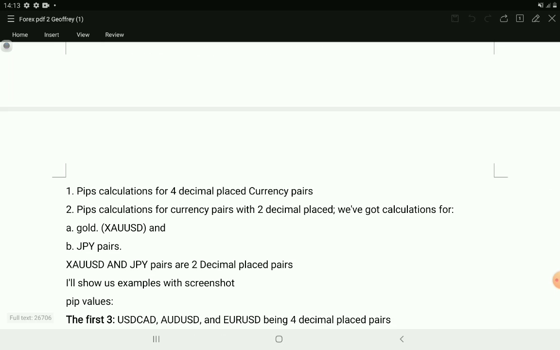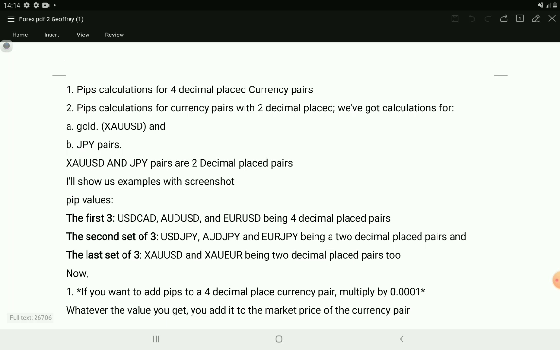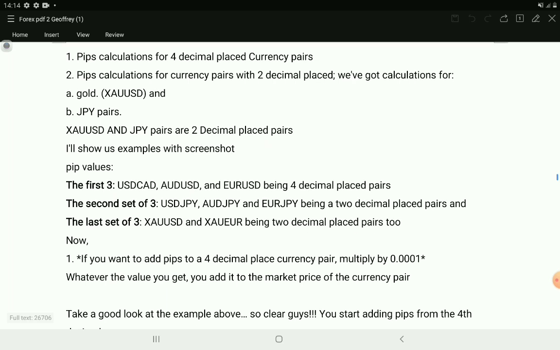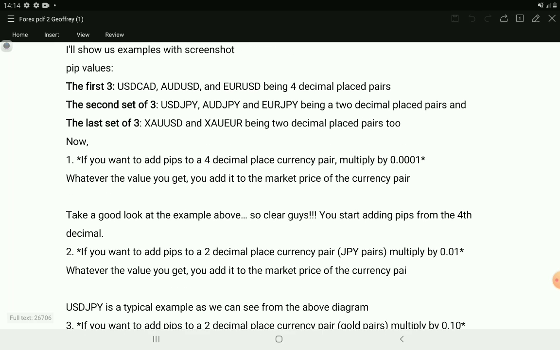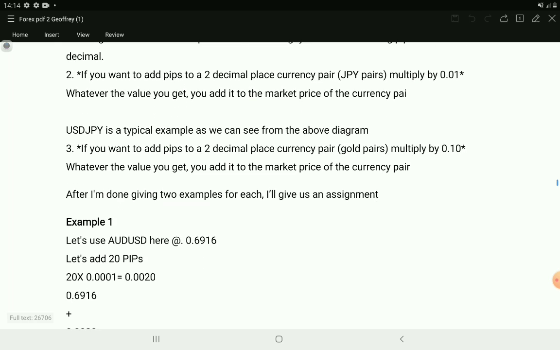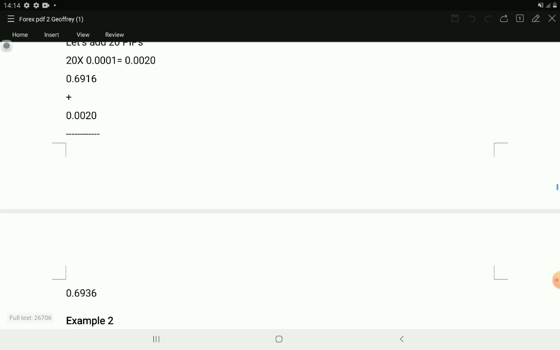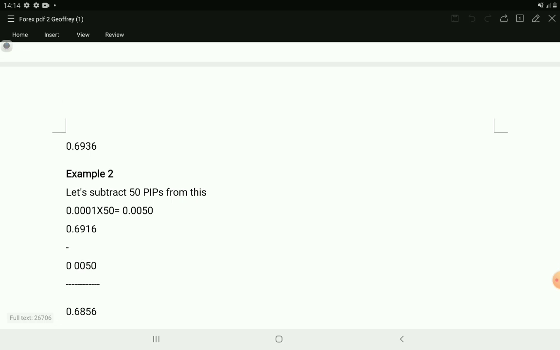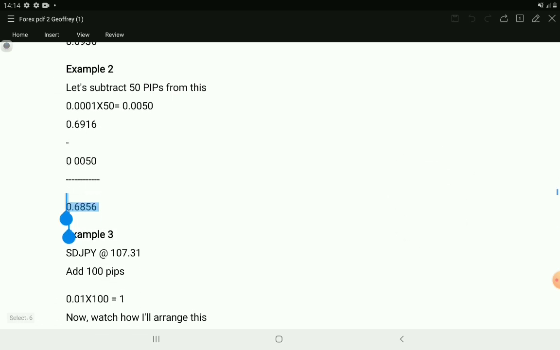Then I want us to see an example where pips are calculated after 2 decimal points. That is any pair that has the JPY, the Japanese yen. This first example is for other currencies, calculated after 4 decimal places. Let's go to example two, the one used for calculation with the Japanese yen.